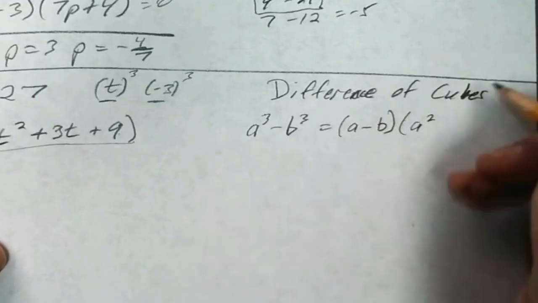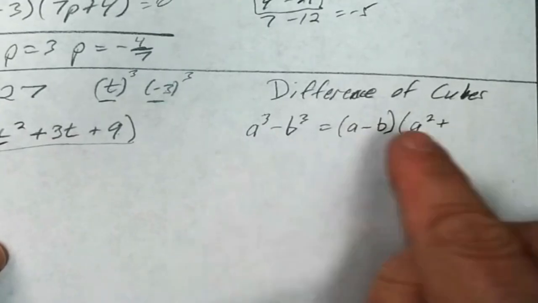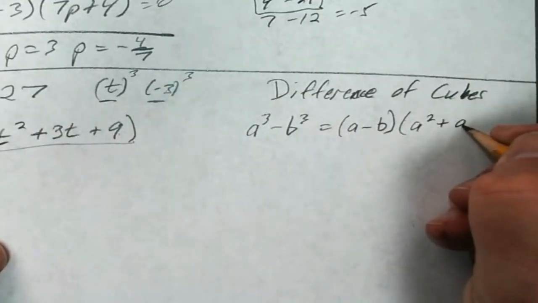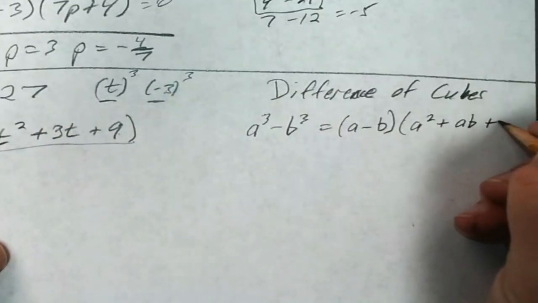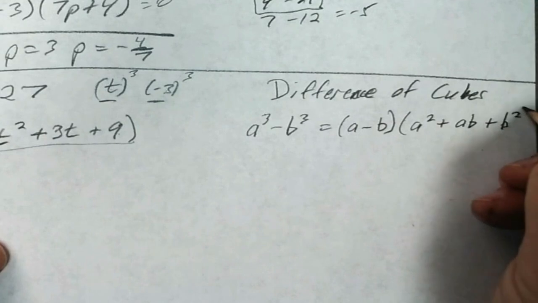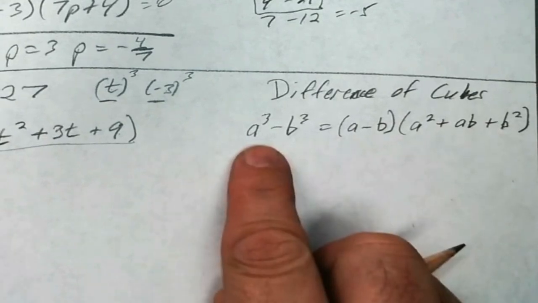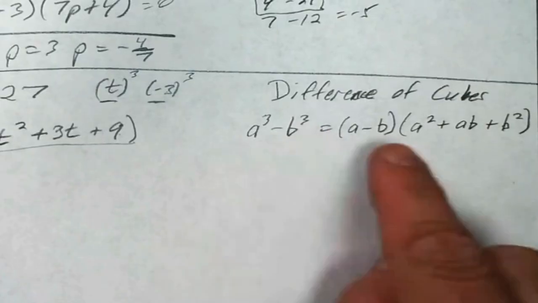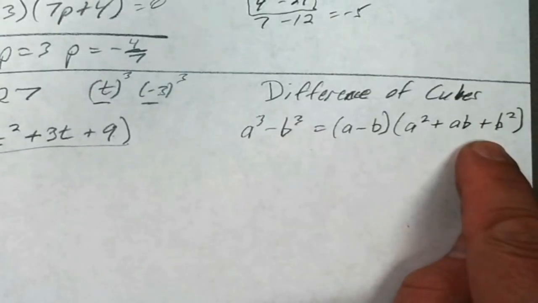This is a minus, and they said the middle term is always the opposite sign. And they just multiply them together, ab, plus b squared. That's how that factors. If you notice that you have two cubes being subtracted from each other, this is the shortcut to factor it.